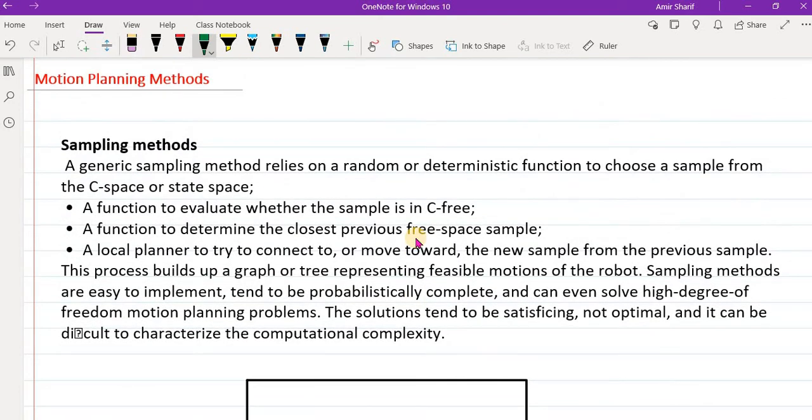A generic sampling method relies on a random or deterministic function to choose a sample from C space or state space. So the sampling can also be deterministic, but mostly we use random sampling. Then we need a function to evaluate whether the sample is in C free.